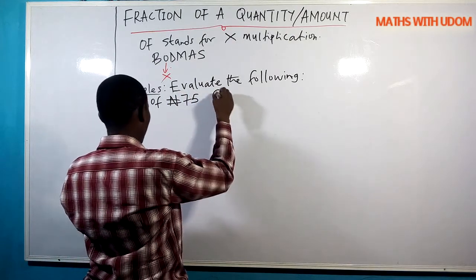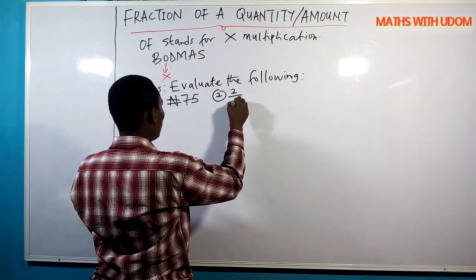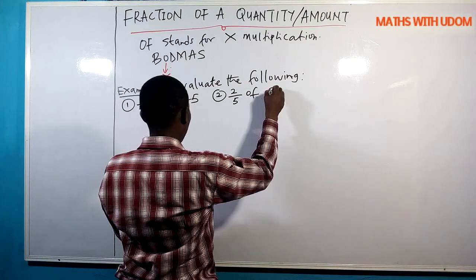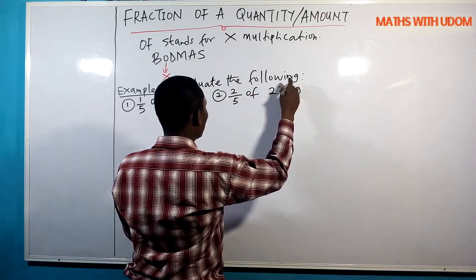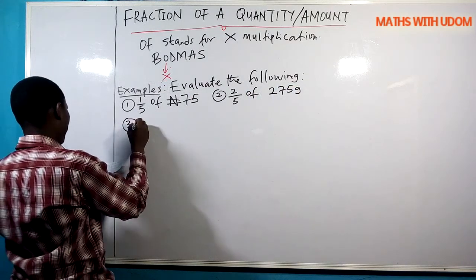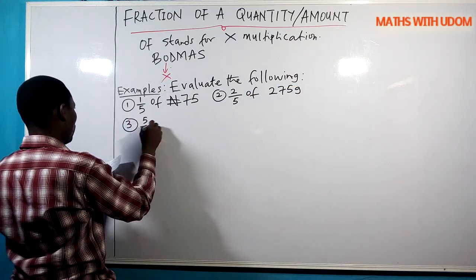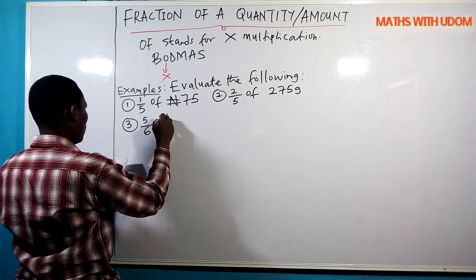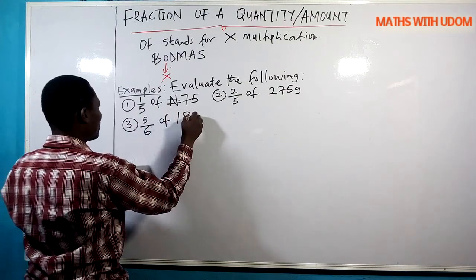Number 2, 2/5 of 275 gram. Number 3, 5/6 of 18 centimeter.